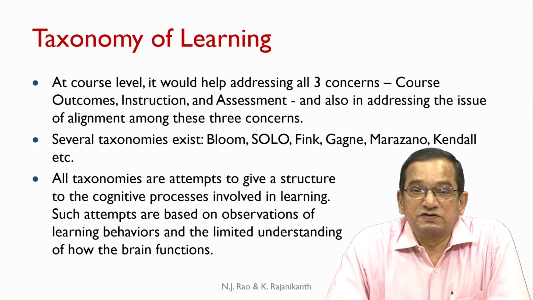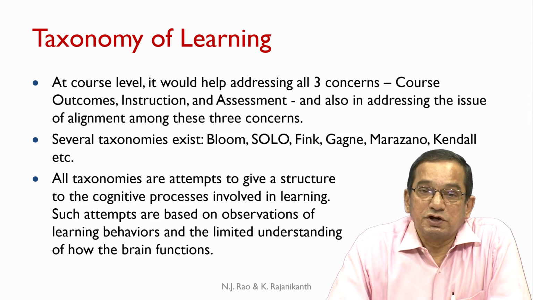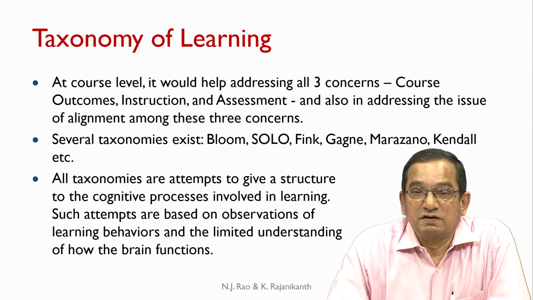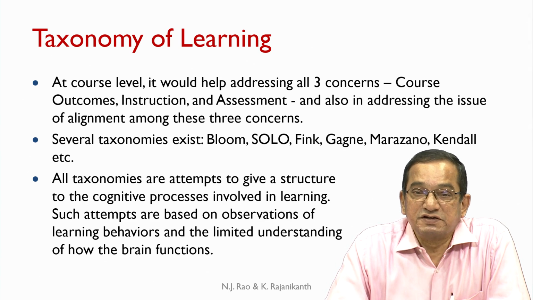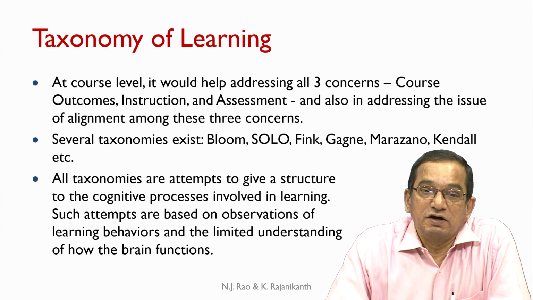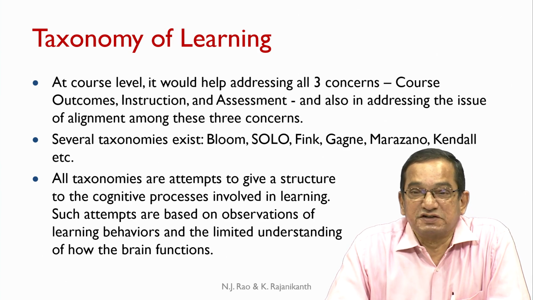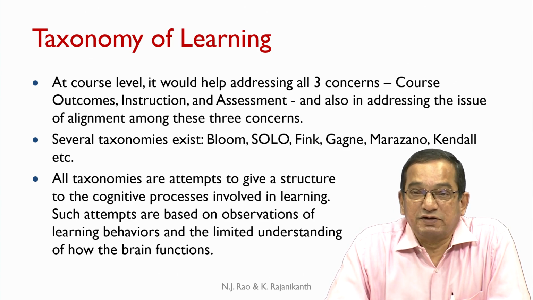All taxonomies are attempts to give a structure to the cognitive processes involved in learning. Such attempts are based on observations of learning behaviors and the quite limited understanding of how the brain functions. In this sense, no taxonomy may be completely perfect.